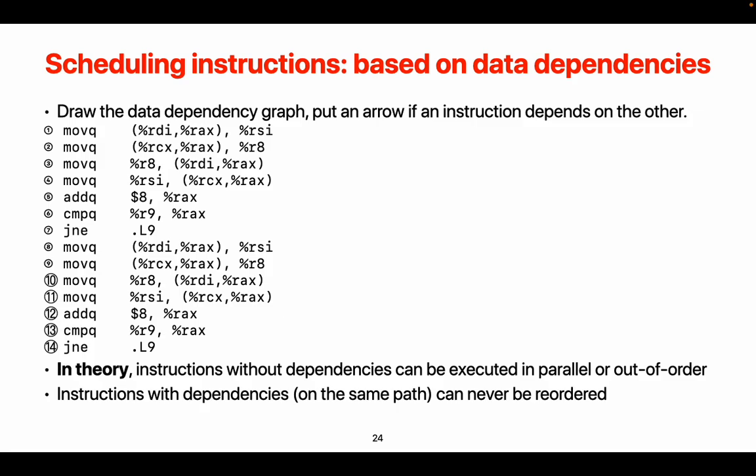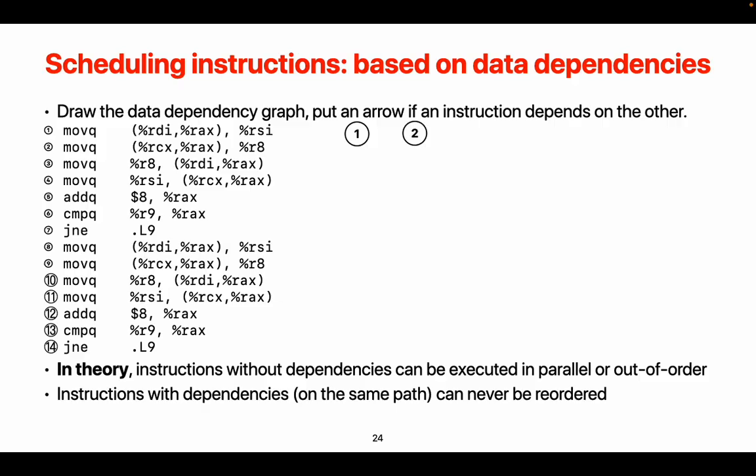Today, when we talk about data dependency, we have to have a better method of analyzing it. The way I'm introducing today is that we first need to draw a data dependency graph. For this first instruction, because it's the first instruction, it's not depending on anyone. Now looking at the second instruction, is it depending on 1? No, right? So 2 could be a separate node.